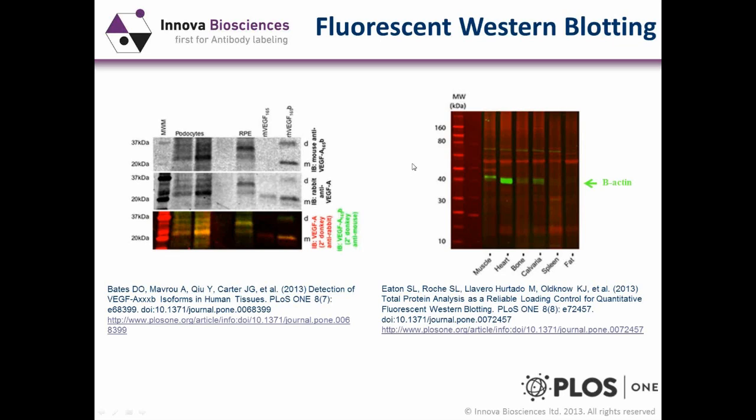And here's another experiment where the researcher has run the gel in parallel. They probed one of the gels with beta-lactam, which is in green, and with the other gel, instead of transferring it, they stained it with Coomassie stain and visualized it in a gel documentation system.